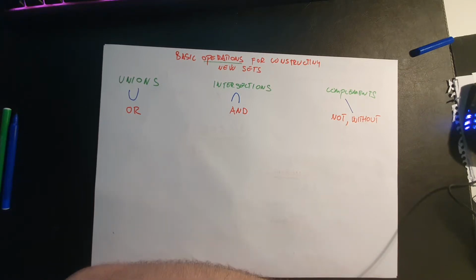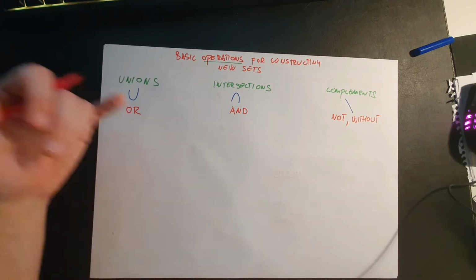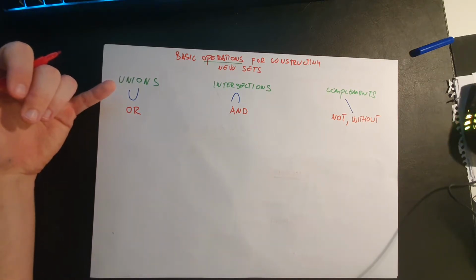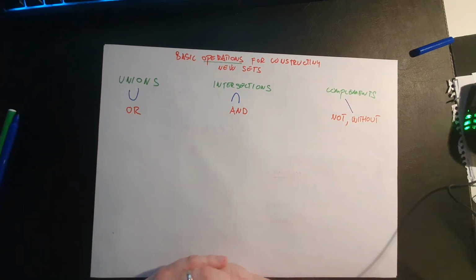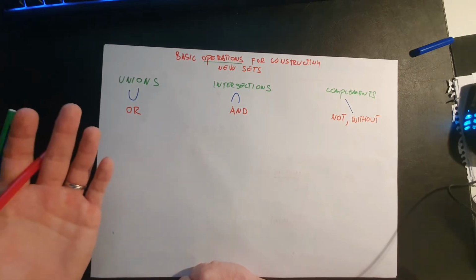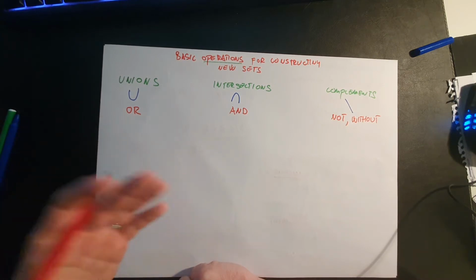Now, let me give you an example from the world, just so you have an idea. We are all part of the European Union. So we have people from Croatia, from Germany, from France, Spain, Italy, all of the countries of the European Union, and I'm either from Croatia or Germany or France and so on.